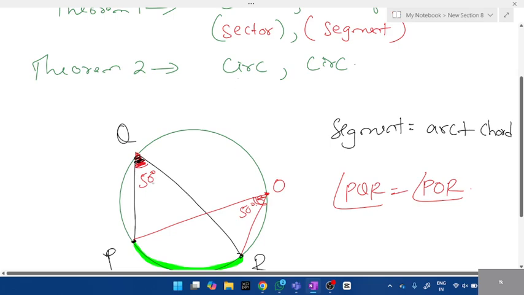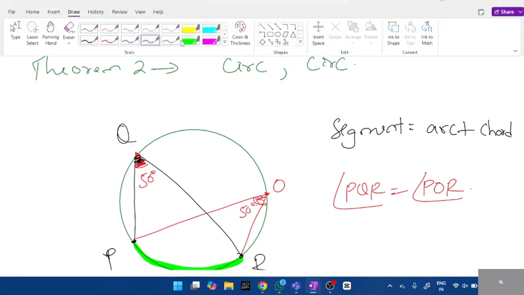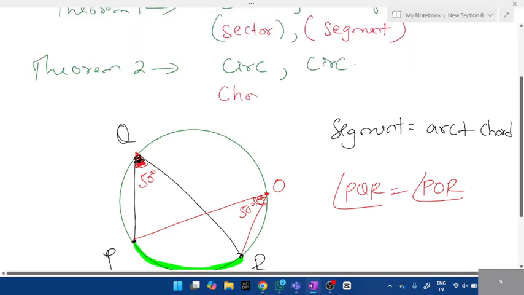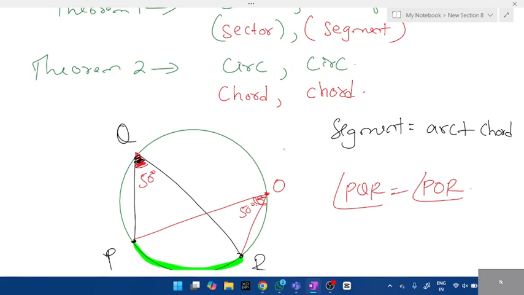What have we drawn here? Chord. So it is chord and chord, the chord plus chord theorem. The values will be the same. Always a chord will touch the circumference, not a radius. Chord will form an angle. Chord and chord, or you can call this segment and segment.